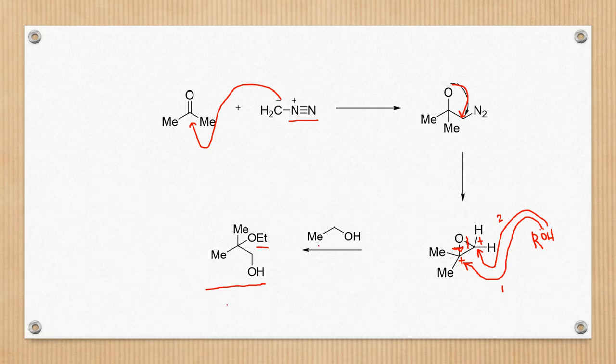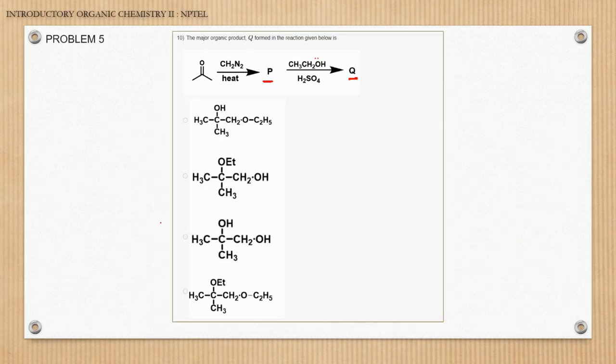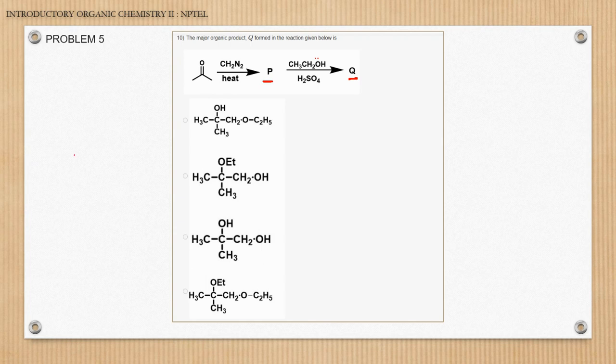And this is how you will get the product. So now tell me which is the correct option. Option B, right. So option B will be the correct one.